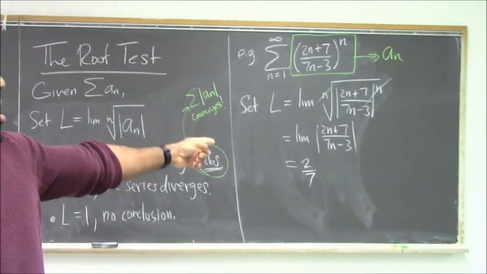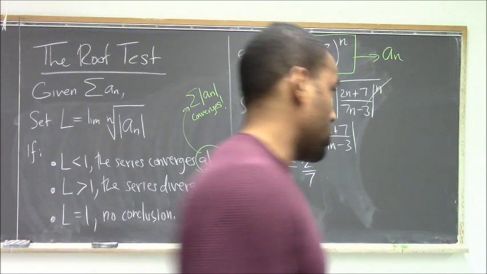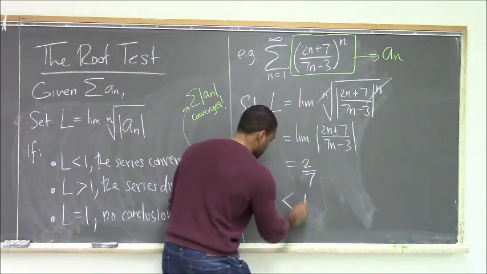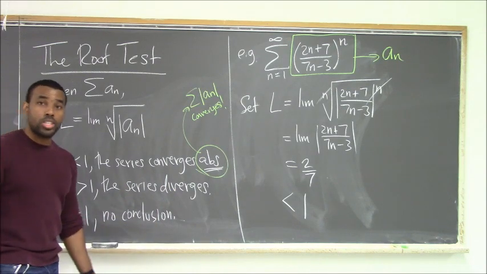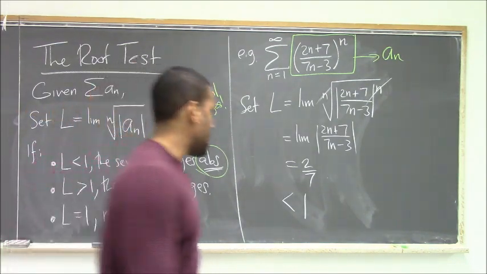So the limit of that is 2 over 7, and what's so special about 2 over 7? Well, it is less than 1. What happens when the limit is less than 1? Well, the series converges, and not only does it converge, it converges absolutely.